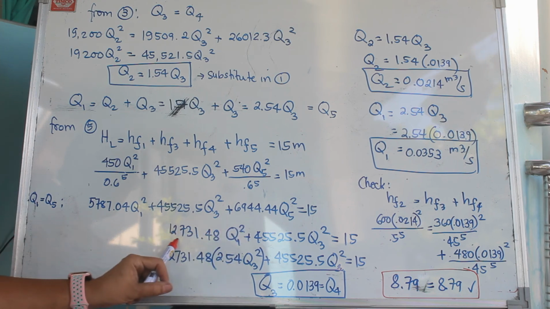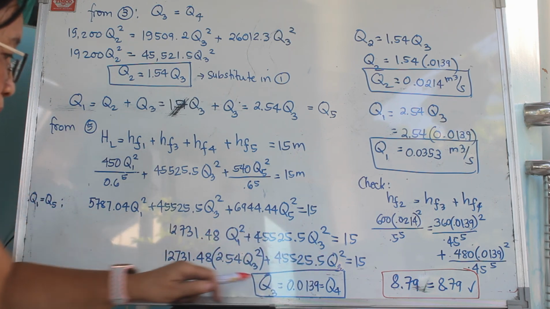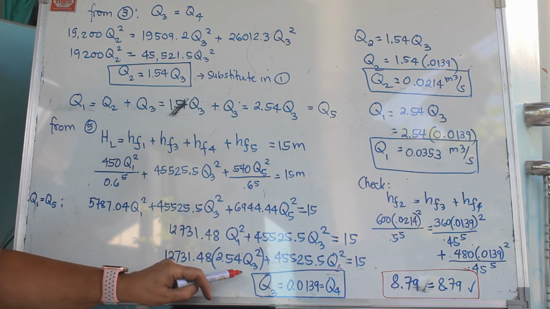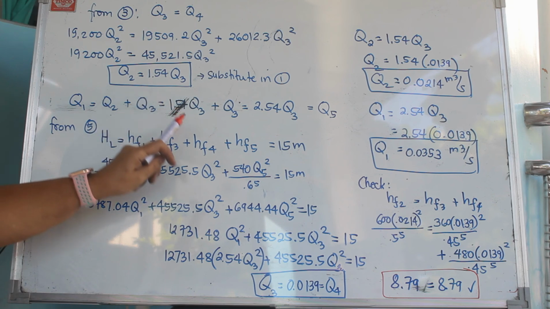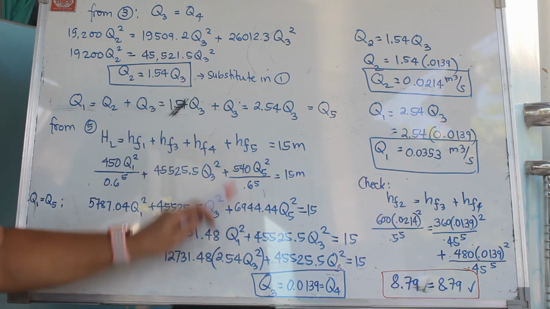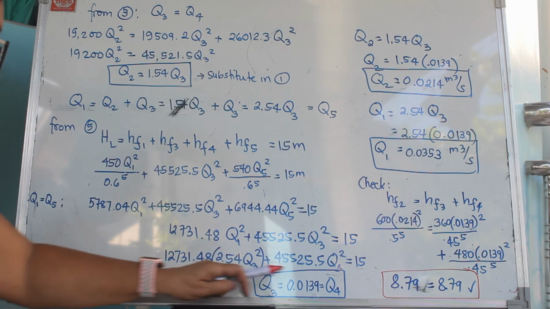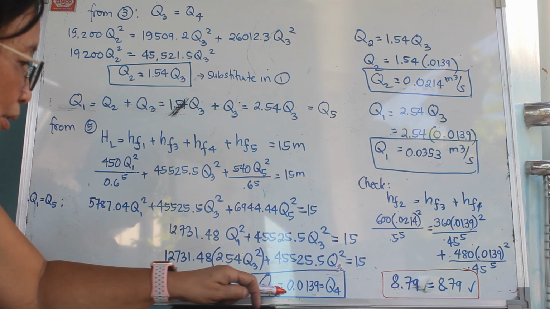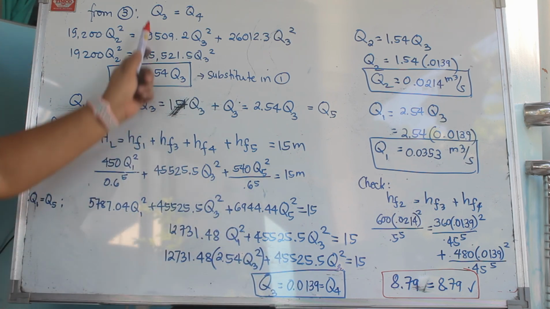We have this in terms of Q1 and Q3. Q1 is 2.54 of Q3, so we substitute it, and only one unknown remains. Q3 can be solved: 0.0139, which is the same as Q4.